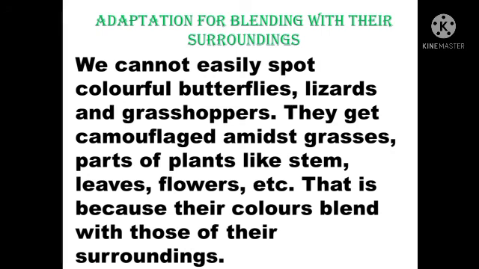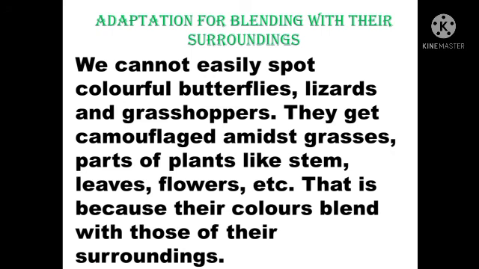Students, we cannot easily see butterflies or a grasshopper sitting on grass because they have a special adaptation which is known as camouflage. That means the act of changing color according to the surroundings. What is camouflage, students? In simple words, camouflage means an act of blending or mixing with the surroundings.